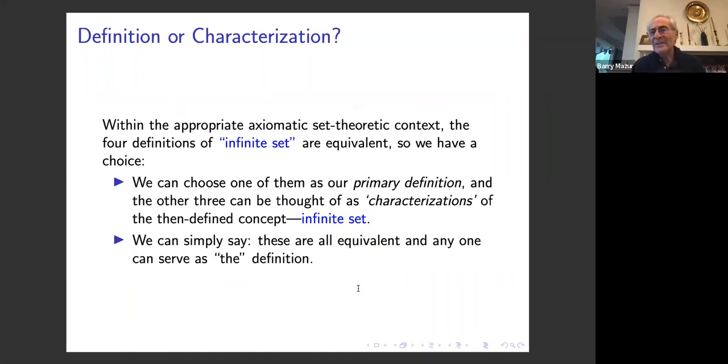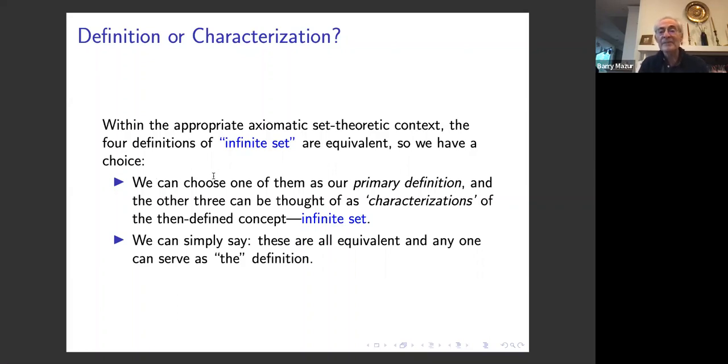This raises the question, whenever you do something in mathematics, are you defining something or characterizing something? I write here, within the appropriate axiomatic set theoretic context, these 4 definitions of infinite set are equivalent, but you have to be within an appropriate ambient set theoretic context. But within such a context, we have a choice.